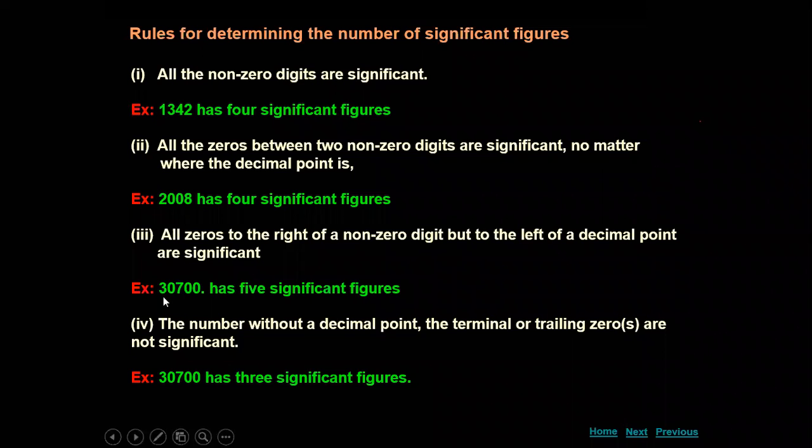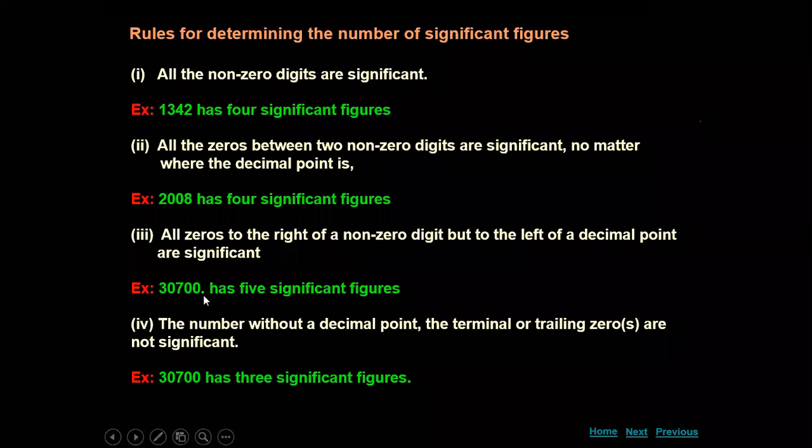Here, this is 30700. Whether the point is there or not doesn't matter in general. Here, 5 significant figures are there. This and this are the same, but here the decimal point is not there. In general, both values are the same, but the significant figures are different in these two cases.